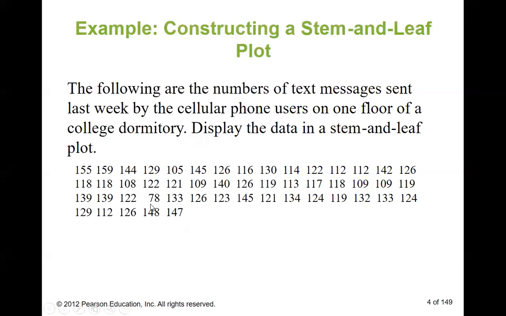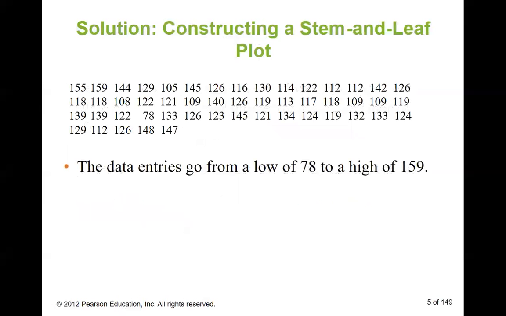If we're going to organize this, then we would need to pay attention to what's the smallest number and what's the highest, because I don't need to start with 10s or 20s. The smallest number was 78. So what would I probably want to put as the first number on the stem side? A 7. Do you see anything that's in the 80s?